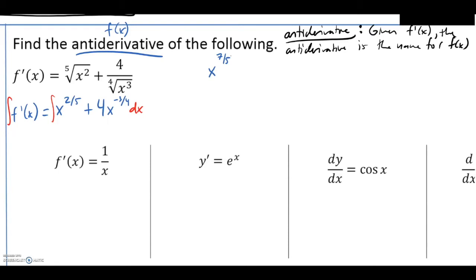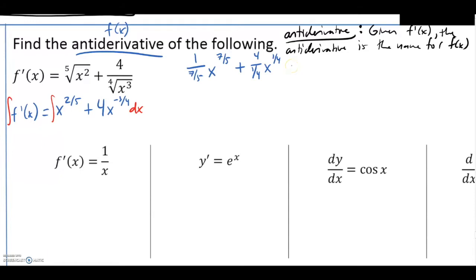When differentiating, we always multiply by the original exponent. Moving backwards, we're going to divide by the original exponent. Plus, for x to the negative 3/4, adding 1, or adding 4/4, would become x to the positive 1/4. And again, we're going to divide by that original exponent.